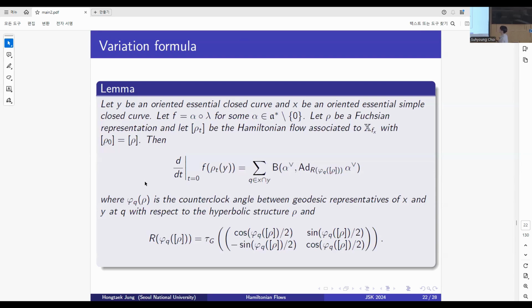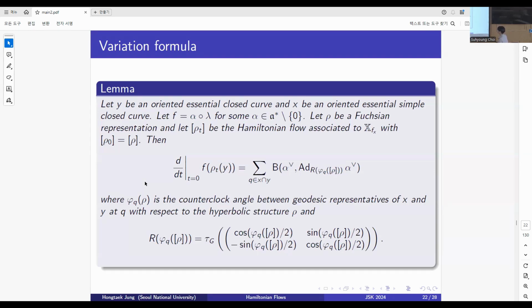And let phi be a function representation, and let rho_phi be a Hamiltonian flow associated to this Hamiltonian vector field. And then the first derivative of this function along this Hamiltonian flow can be computed by the following summation.